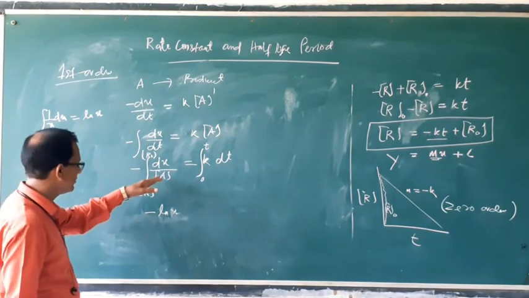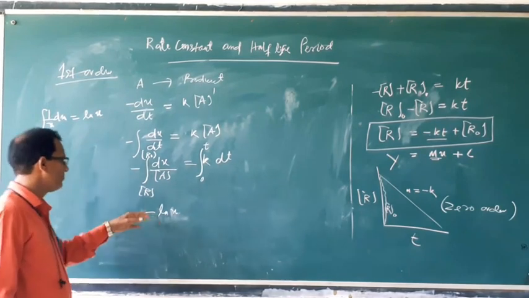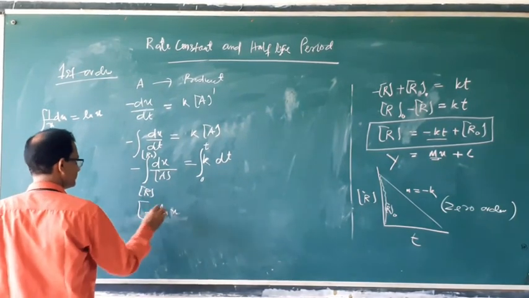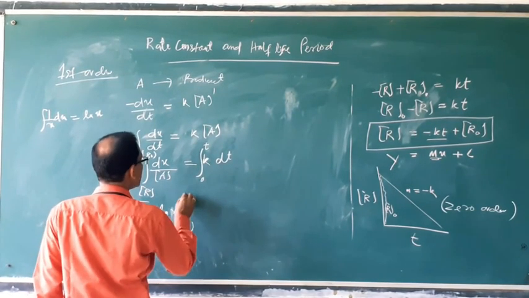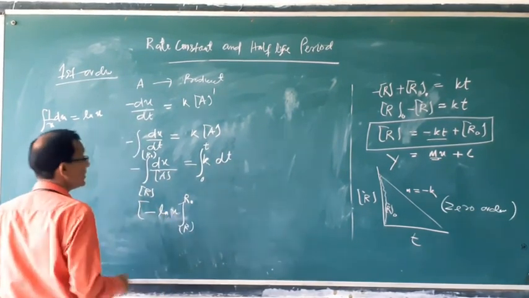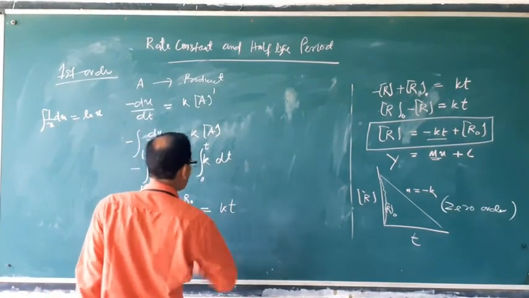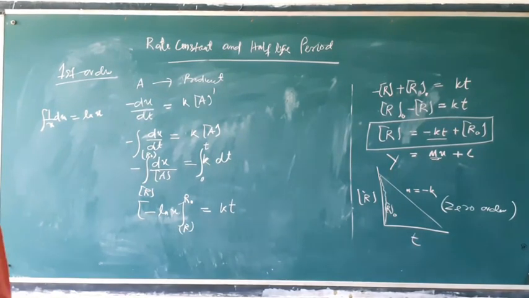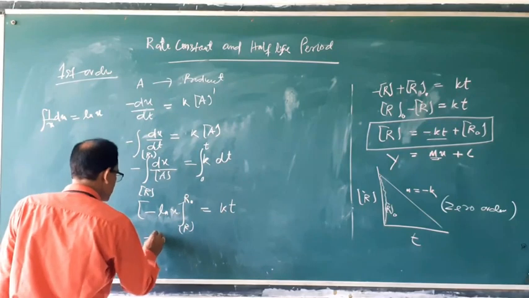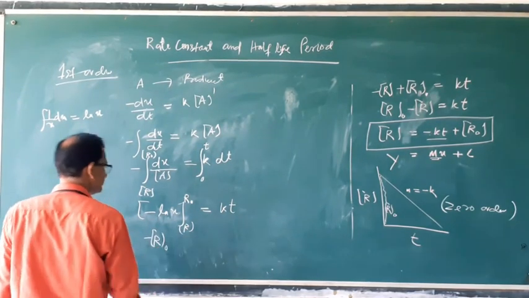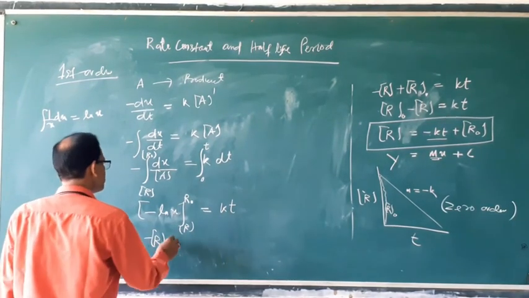That change of concentration with respect to dx, minus ln x. Here the lower limit is r, the higher limit is r0, equal to kt. Then if you put higher limit minus lower limit, minus r0, minus minus plus.